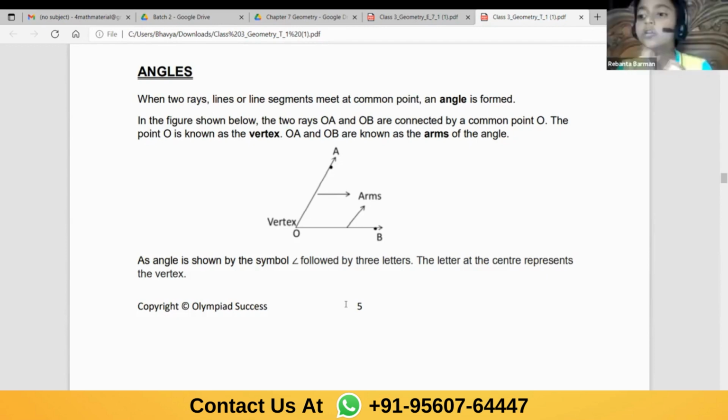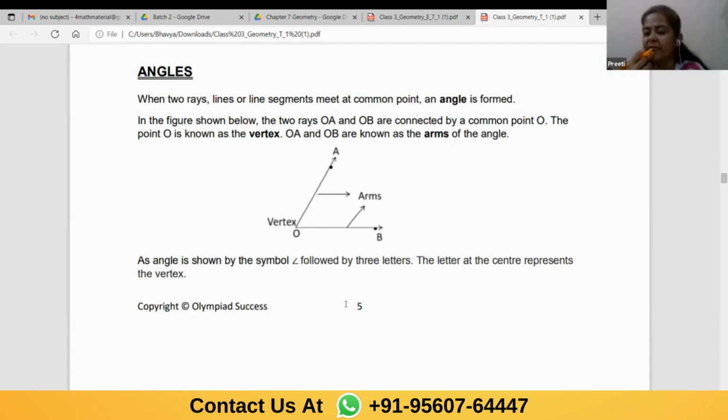Okay, ma'am. You said that the symbol of angle goes this way. Can we draw the symbol like the mirror of this? What, Rebanta, what can you do with the symbol? This is the standard symbol for angle, so we can't do it like this.